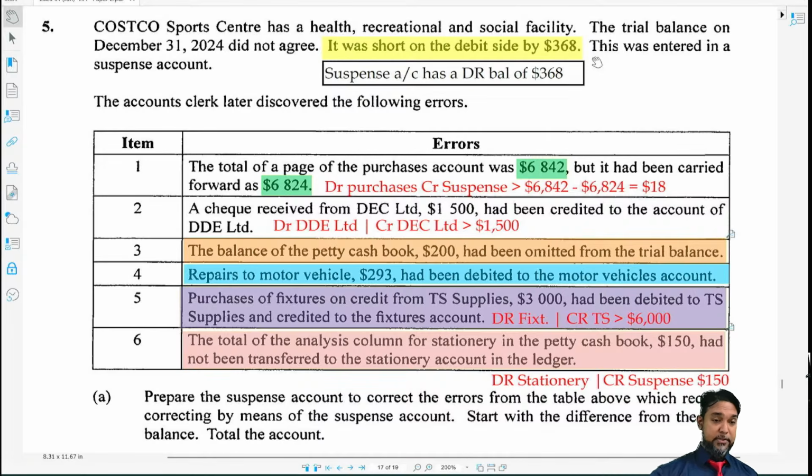And then we only have 2 other items for suspense. Item 1 and item 6. Well, item 3 is supposed to be used to adjust it. So I guess that you could count that, right? But yeah, item 1, item 6. Okay. So do up your suspense account and we'll go from there.